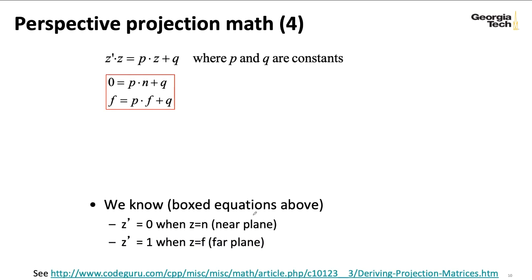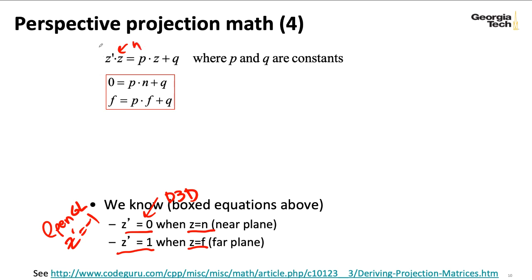So what we're going to do is suppose that our near plane is going to map to a z prime of 0. Z equals f, our far plane is going to map to z prime equals 1. If I wanted to use an OpenGL convention, I could have z prime equal -1, but here we're doing the direct 3D convention. And so if I want to do that kind of mapping, I know what I can put in up here.